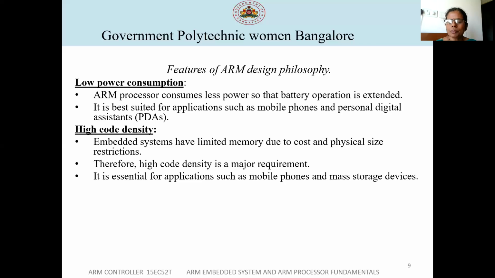An example of a mass storage device is the HDD, hard disk drive. In these two applications, high code density is required. So that feature is available in the ARM design philosophy, and it is used to develop mobile phones and mass storage devices.